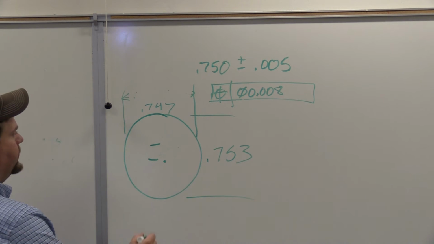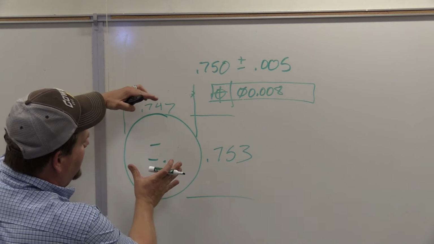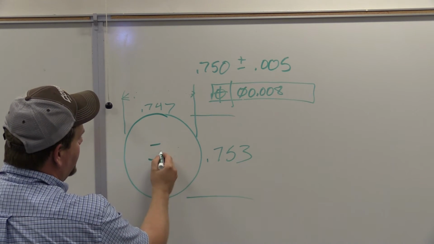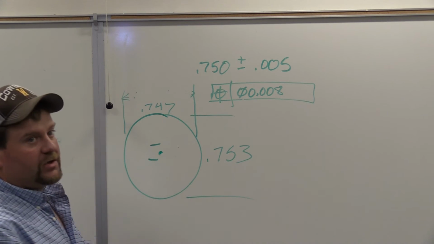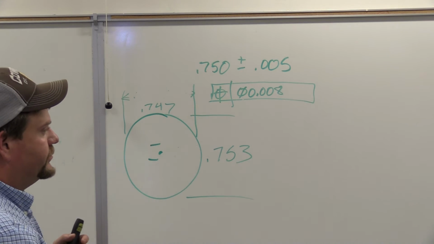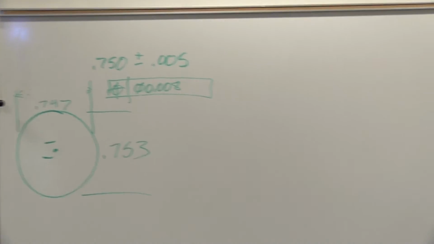Okay? We want to make sure that that's right where it needs to be. Center should be directly in the center, always naturally, but we can be off 3 or 4 thousandths on that as well. Okay? I hope that makes sense.